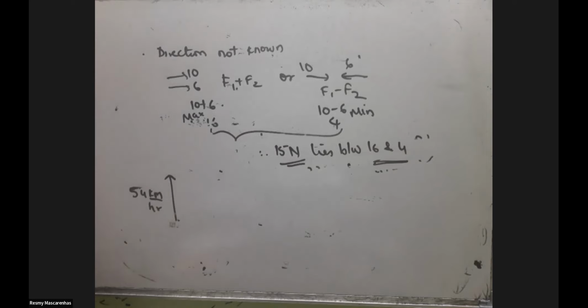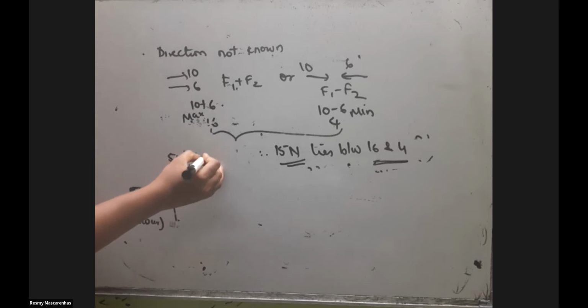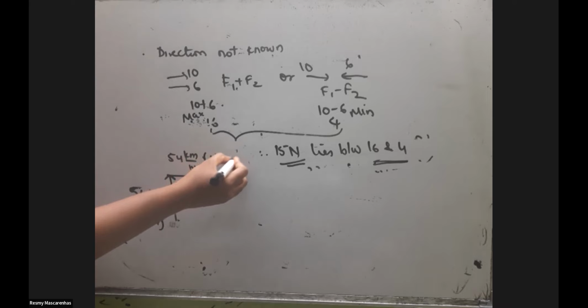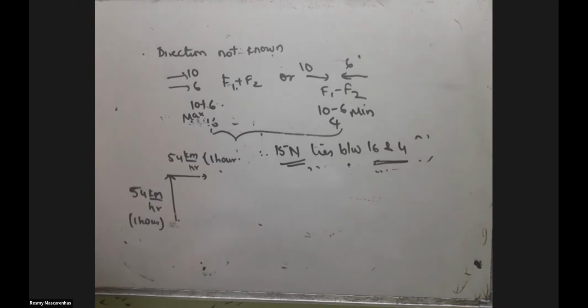Then it moves east with the same speed and same time duration. This is for 1 hour it is going. So same speed means again 54 kilometers per hour for again 1 hour. So first it is going north and then it is going east.